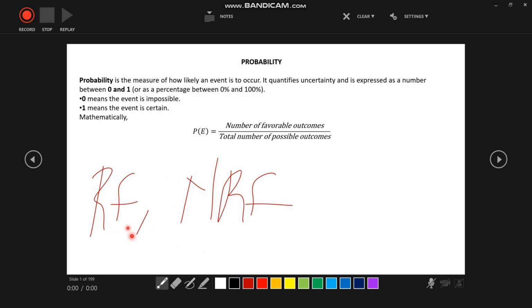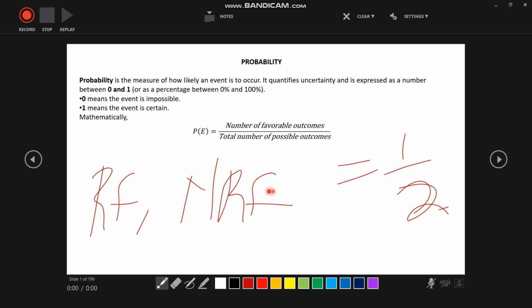So the number of favorable outcomes will be 1. Then the probability of rainfall will be 1 over 2. This 2 is our total number of possible outcomes, which is either rainfall or no rainfall. And this 1 is our number of favorable outcomes, 1 over 2.